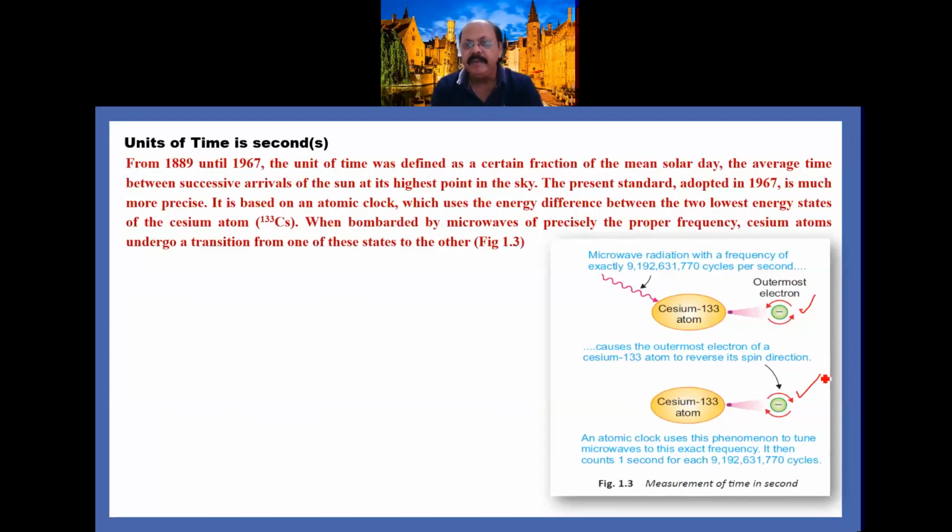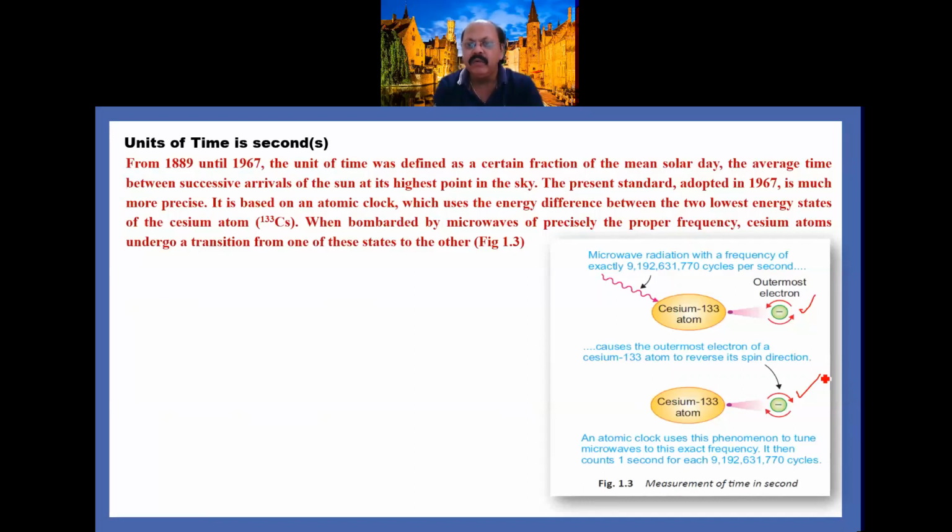So the time taken to convert this spin, when microwave radiations with frequency exactly 9192631770 cycles are incident on it, is known as 1 second. That's why we say that an atomic clock uses this phenomenon to tune microwaves to this exact frequency.